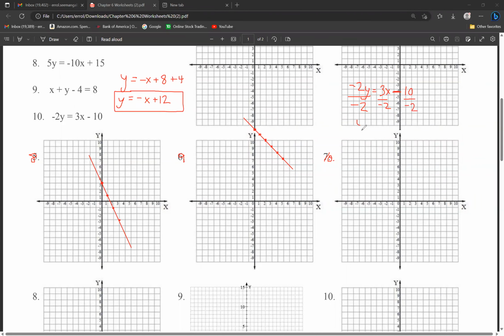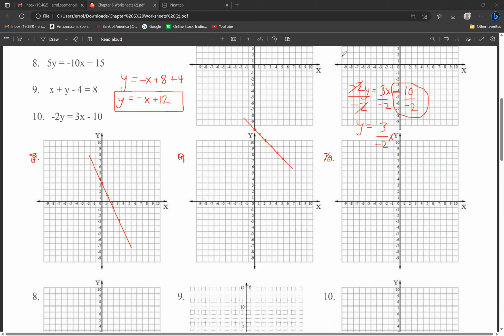Okay, so what's the new equation? That'll cancel. Y equals what? 3 over negative 2x. And then what's this part right here? Minus 10 divided by negative 2.